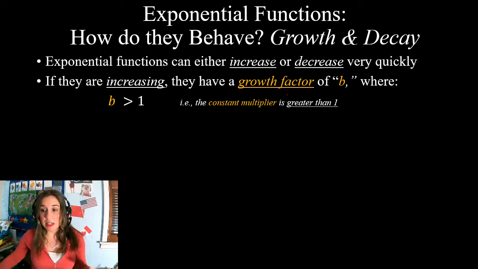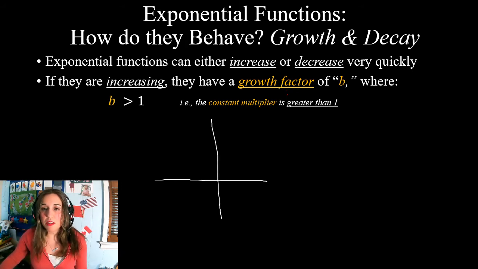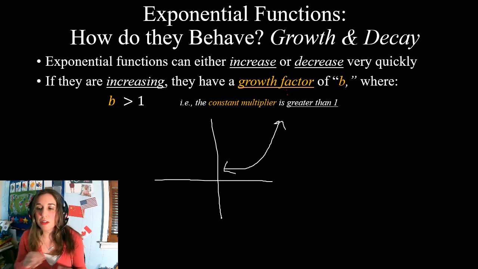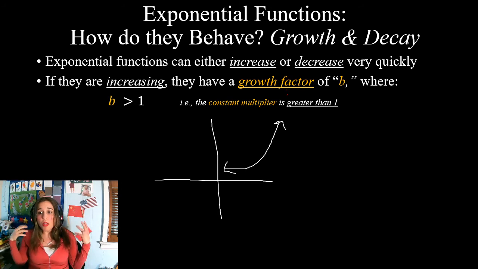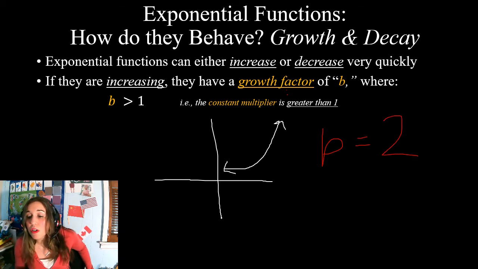And that should make sense, if you take a second to think about it. Let's think about an exponential function that's increasing. That means as time goes on, our exponential function is getting bigger. Well, think about what it means to be greater than 1. Let's say that our b was a growth factor of 2. That means that we're doubling. That should make sense, right?